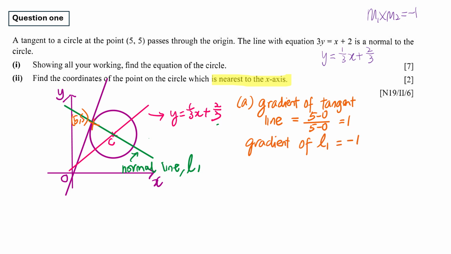And therefore, the equation of L1 can be found using y - y1 = m(x - x1), where (x1, y1) is the point on the line, which happens to be (5, 5).